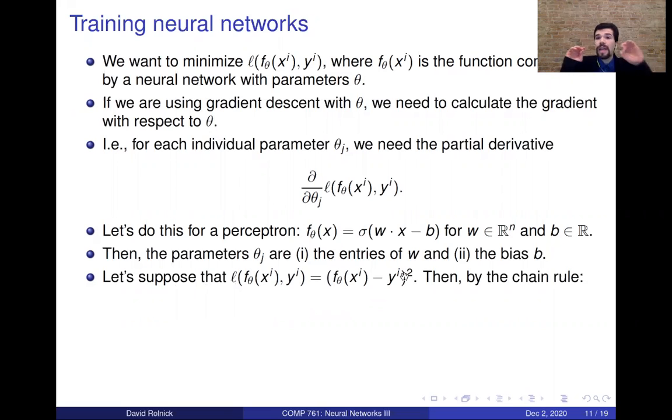Since this is a univariate output, the squared L2 norm is just the square of that one entry. This is our loss. It's just the difference between what we predicted and what we observed, squared.